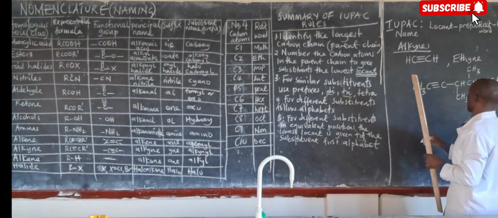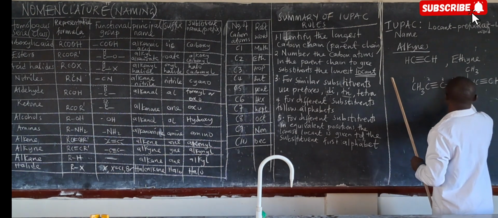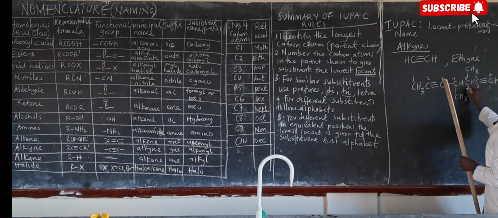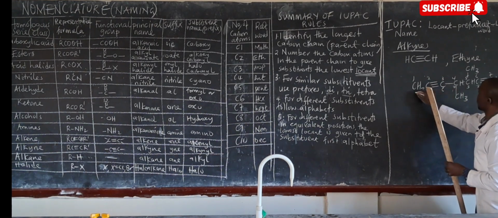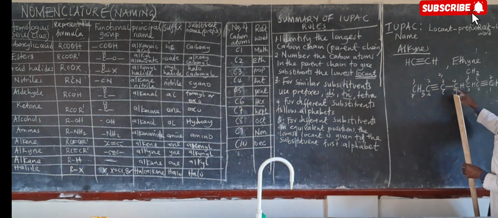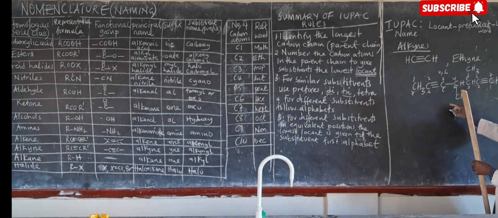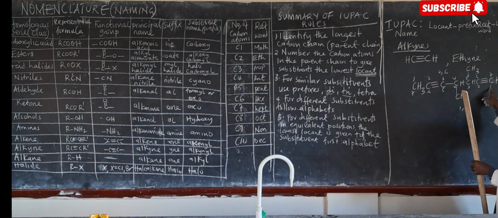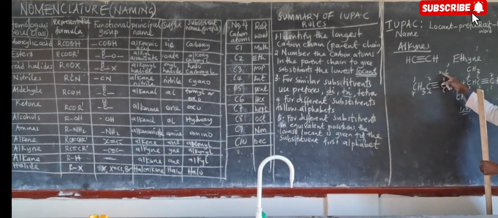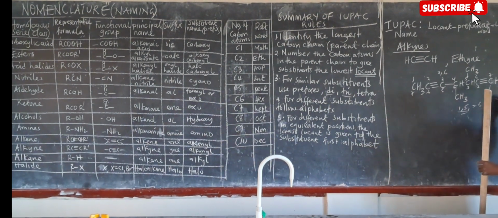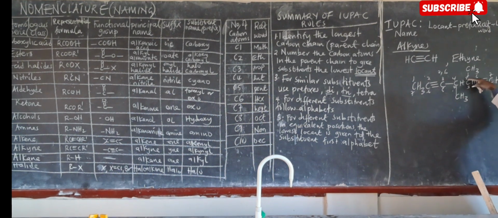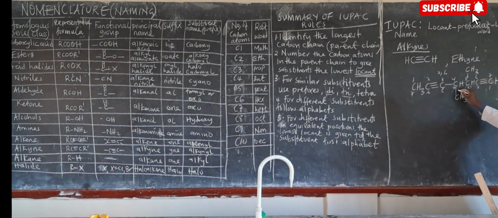So we can try to number that 1, 2, 3, 4, 5, 6, 7. Down 1, 2, 3, 4, 5, 6, 7. So checking up here, the triple bond is at position 2, then the triple bond is at position 6. So down, the triple bond is at position 1, triple bond is at position 5. So total here would give 8, total here would give 6. So down, lower numbering is the most correct. So we are going to go with the lower numbering to give this first methyl group 3, then this is 4.